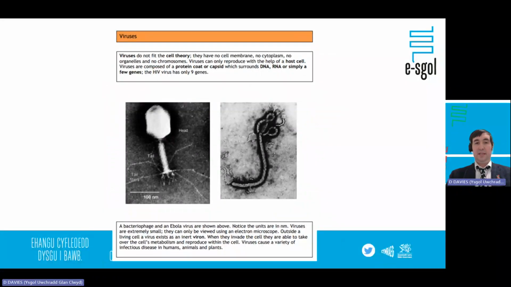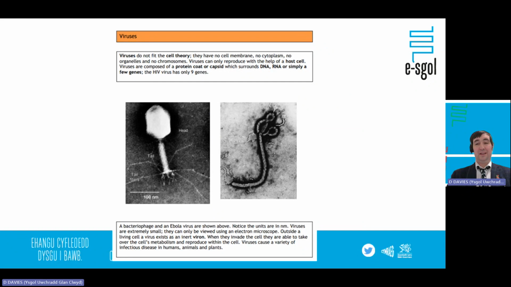Okay, viruses. If you didn't think we could get any smaller, we can. Viruses are tiny compared to even bacterial cells, so not quite fitting the cell theory. They don't have a membrane, cytoplasm, organelles, or chromosomes. They cannot reproduce outside of a host cell. They're basically genes in a protein coat.